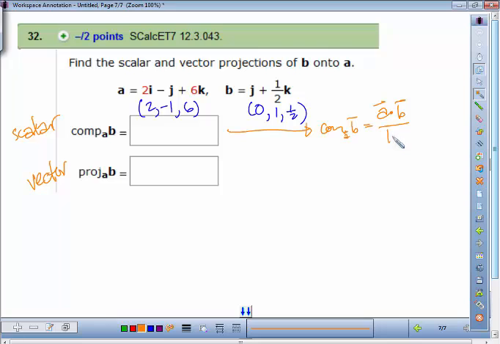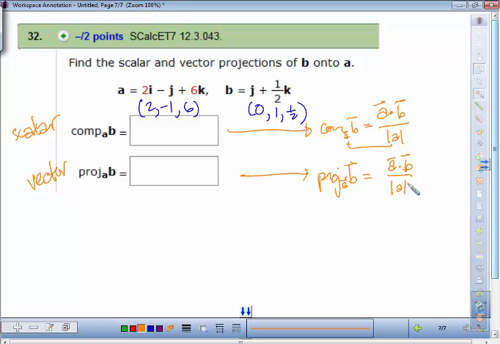We could switch them if we want. It's commutative. Whatever it's being projected onto is your denominator. And the projection of B onto A is the same thing, A dot B, with the same denominator as up here, except it's going to be squared.